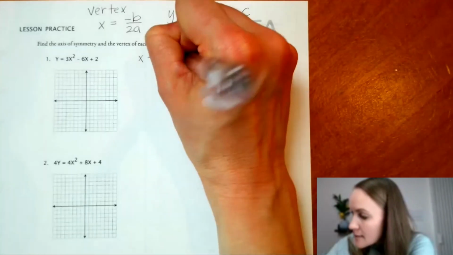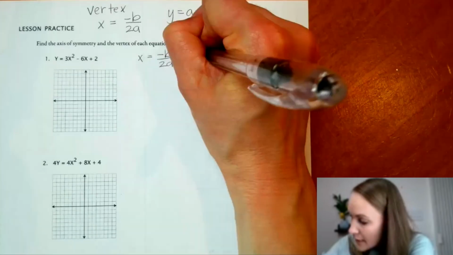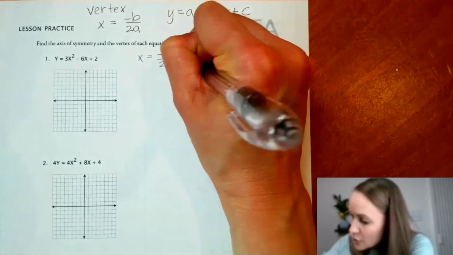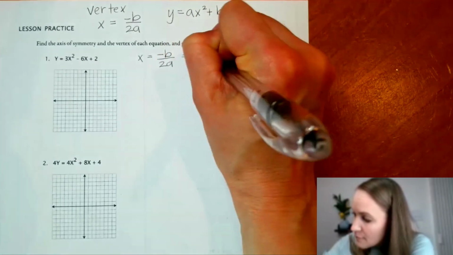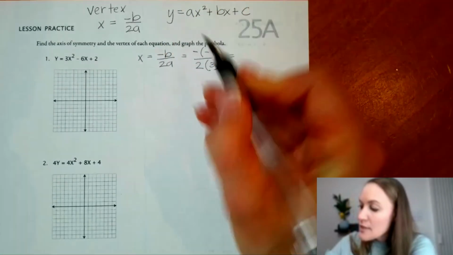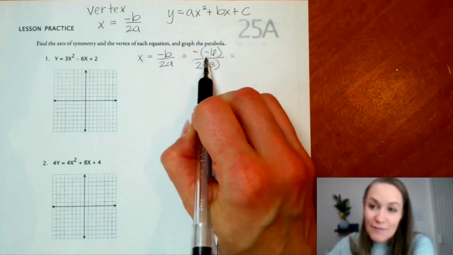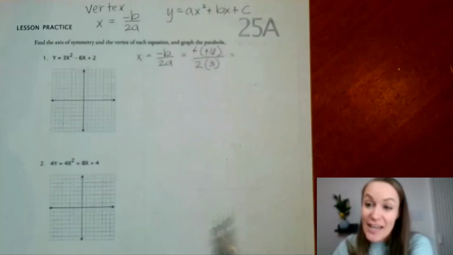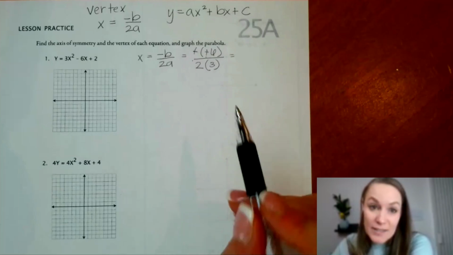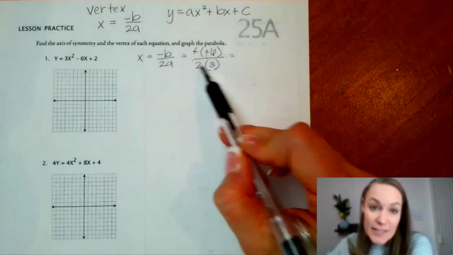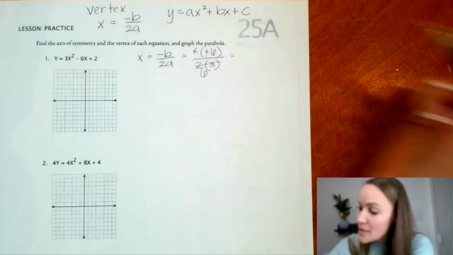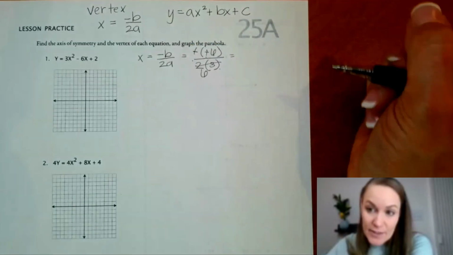In this case, we have -6 divided by 2 times +3. So a negative is a positive, and I like to write it like this, just so I remember, a negative times a negative will equal a positive. 6 divided by 6, so you can cross out the 2 and 3. 2 times 3 makes 6. 6 divided by 6 is 1.